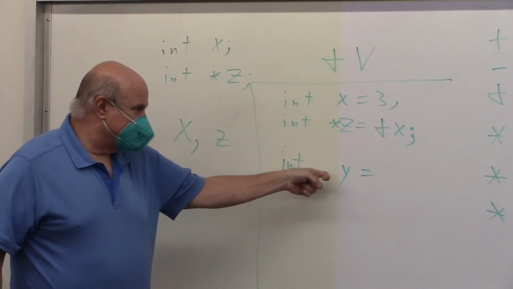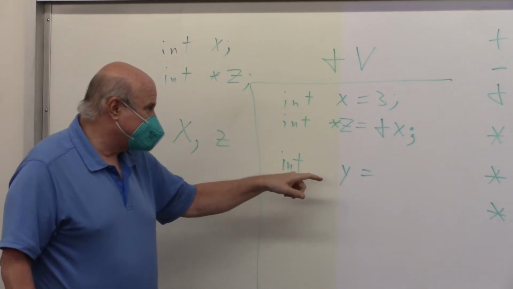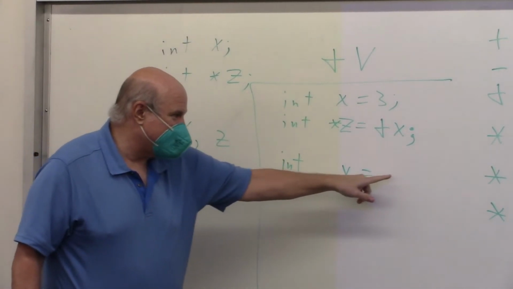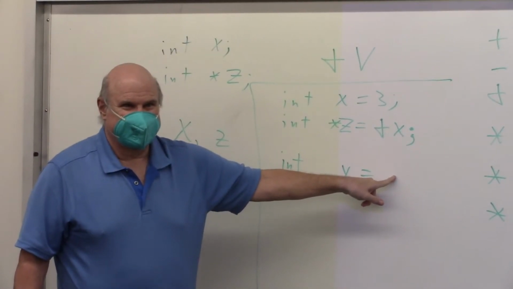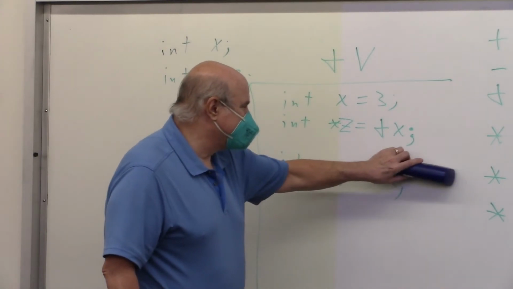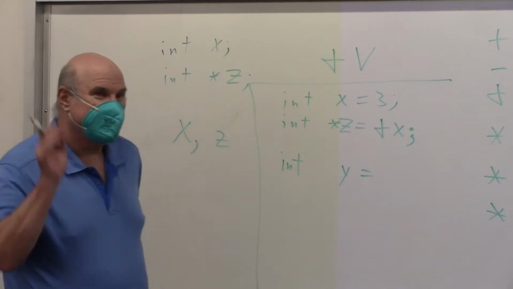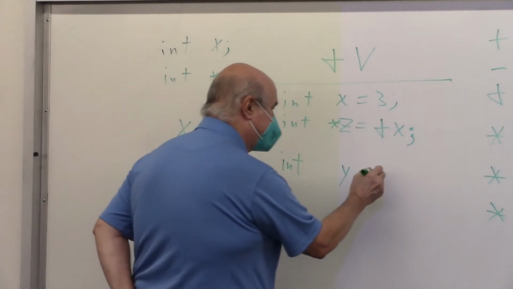Okay, so I want to put the value of x into y. What do I put over here? You could put x. Suppose I want to do it a different way using z. What would I put? Dereference, which is what?